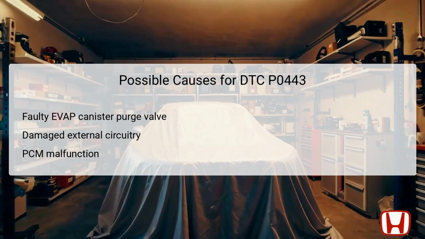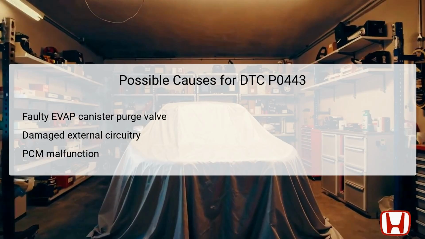Various causes may lead to the triggering of the DTC P0443 code. A likely reason is a faulty EVAP canister purge valve itself, which might be stuck or not functioning correctly, causing the PCM to detect an abnormality in its signals.